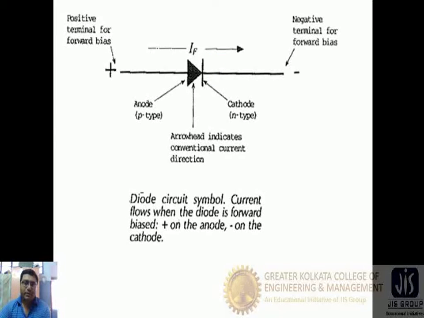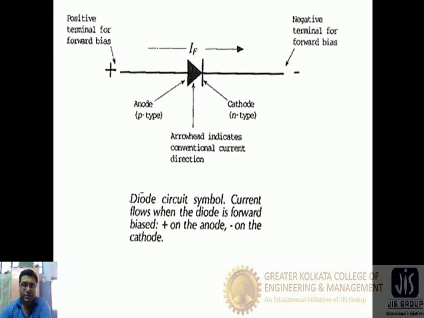The purpose of this diode is to flow current in one direction. The diode helps us flow the current only in one direction, from the anode to cathode, or from p side to n side. And the application of this diode is to build the rectifier.